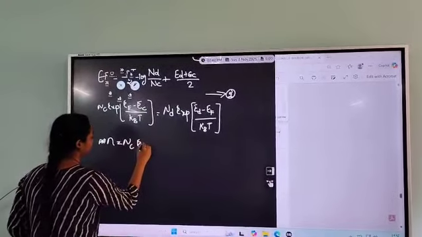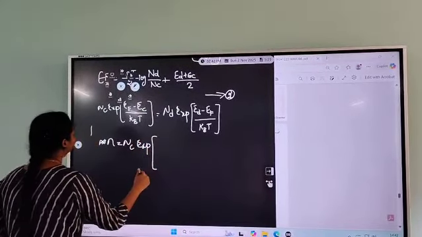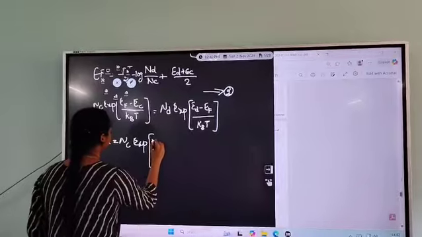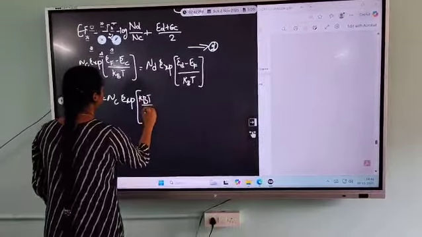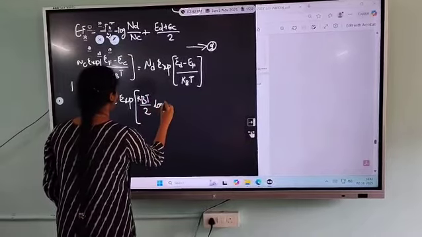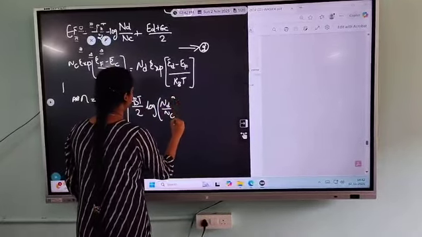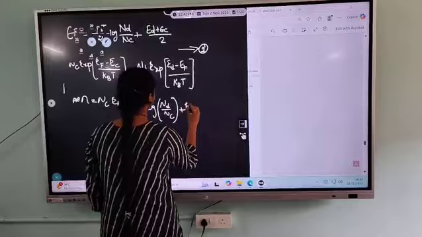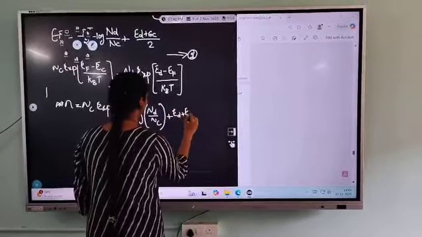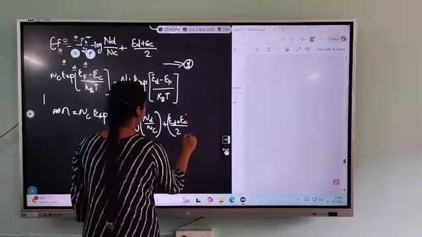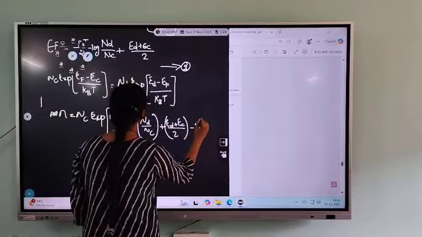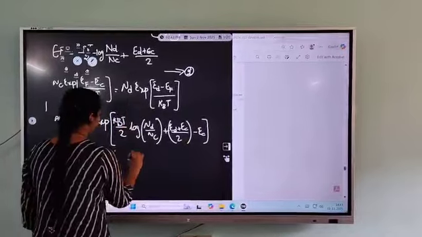n is equal to Nc into exponential of kBT by 2 log of Nd by Nc plus Ed plus Ec by 2 minus Ec, whole divided by kBT.